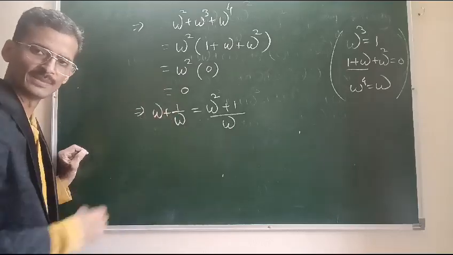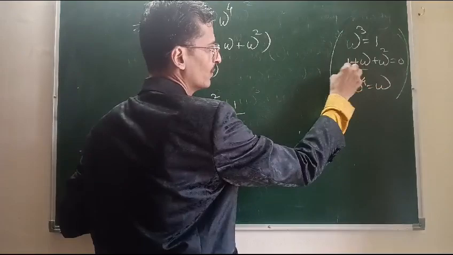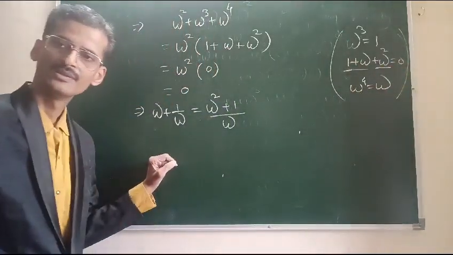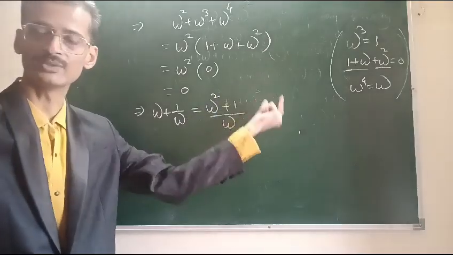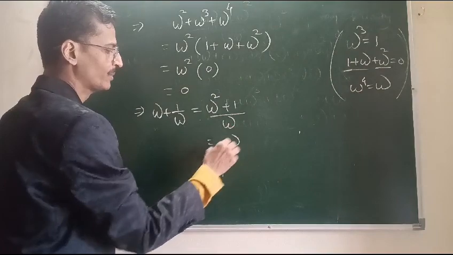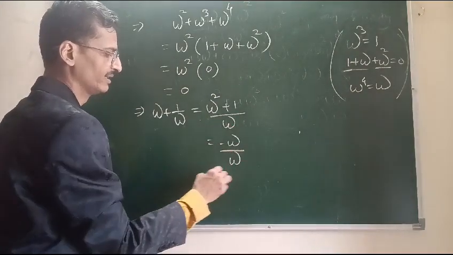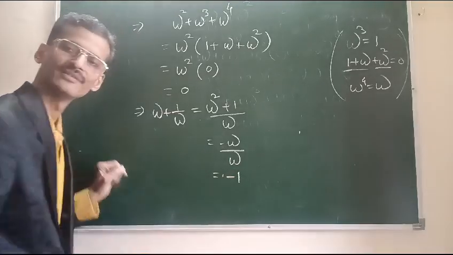So simple cross multiplication. Now 1 plus omega square, see here, 1 plus omega square. From these three, two terms are there. So 1 plus omega square is what? Minus omega. So write here minus omega upon this omega. Minus omega upon omega is what? Minus 1. So over.